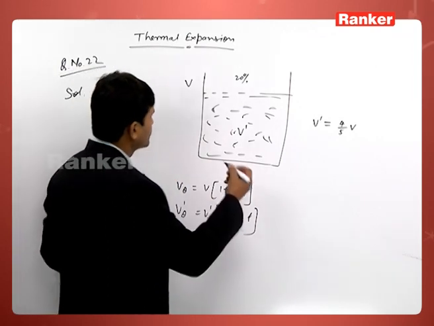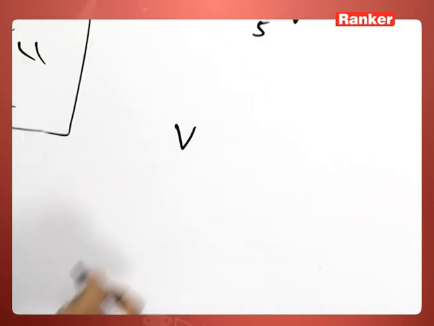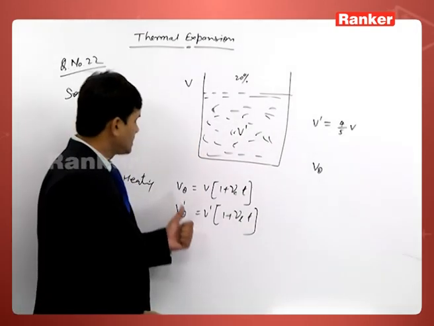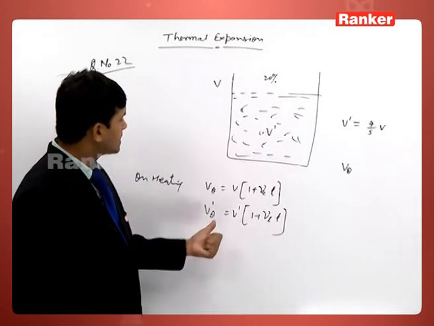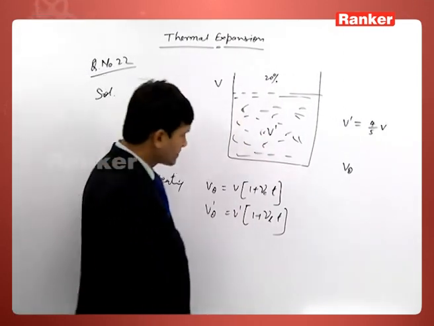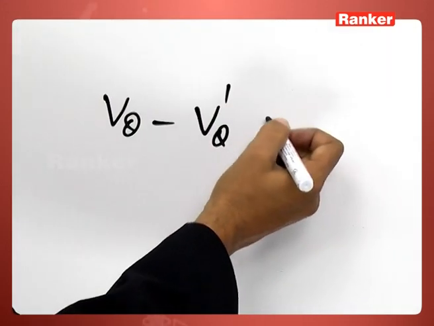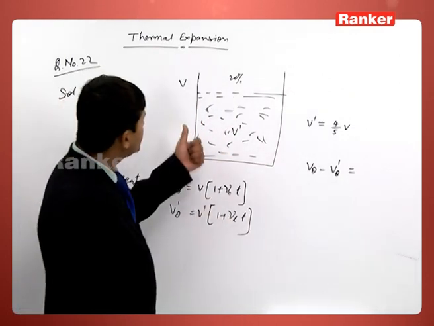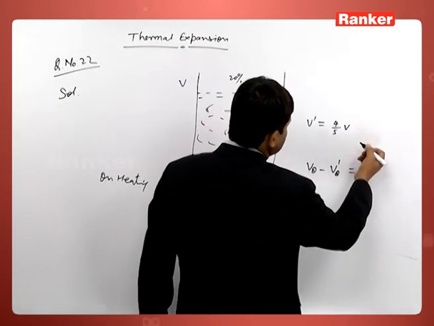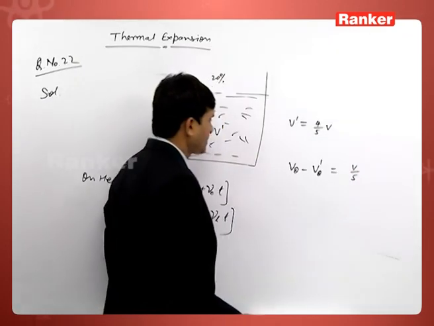Now what we can say here is that V theta, the volume of the whole container minus the volume of the liquid occupied, that difference is still the same as earlier, V by 5.